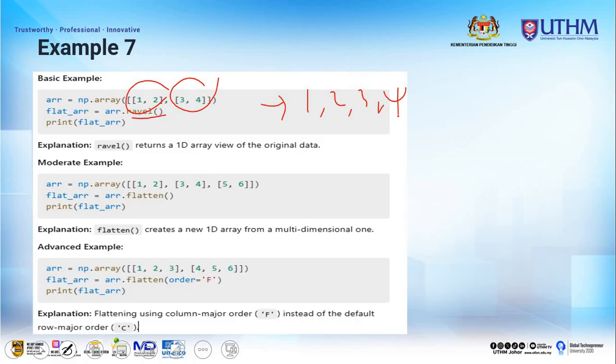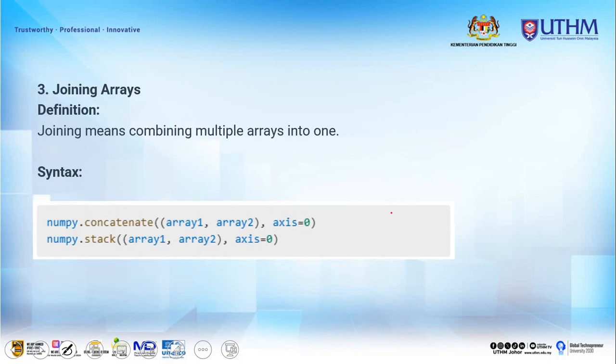You can see this is multi-dimension, and it becomes a single dimension, everything in one row of elements. The last one is flattening using column major order of F instead of the default row major order. We'll see this in our practical session later on.